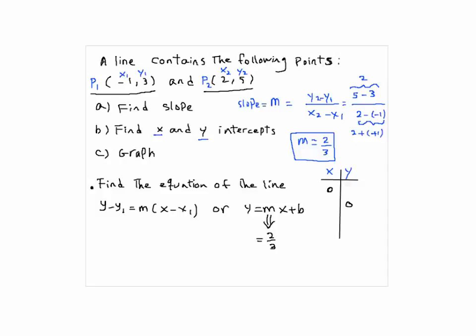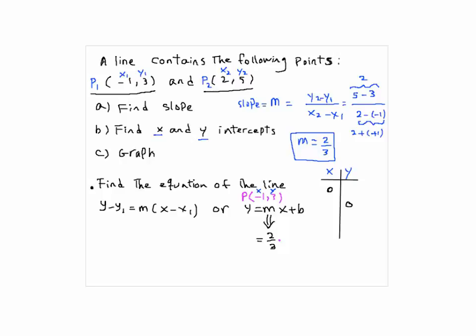The slope is 2/3, and if I use any of these 2 given points and call it point P. Let's pick the first one, call it point P. Then the first number here would be your x. This corresponds to the x, and this would correspond to the y.